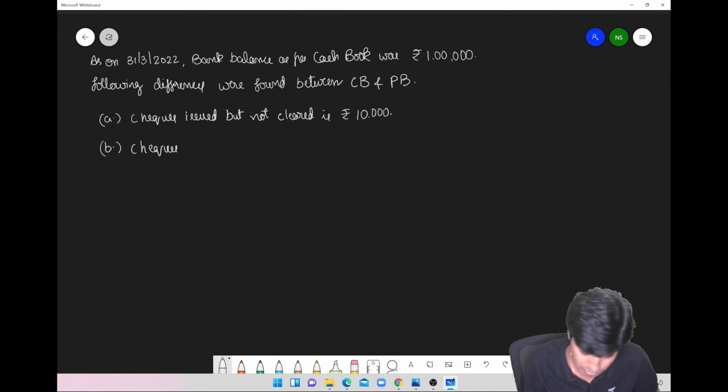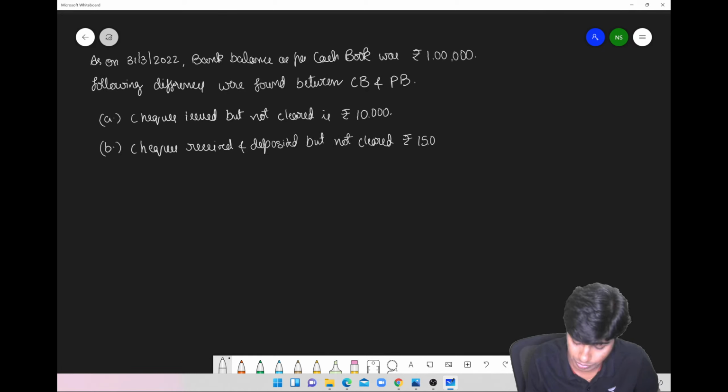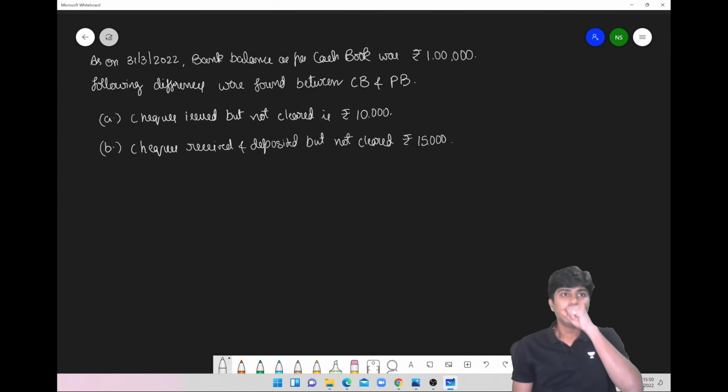Then we'll go for another difference. Checks received and deposited but not cleared, rupees 15,000.